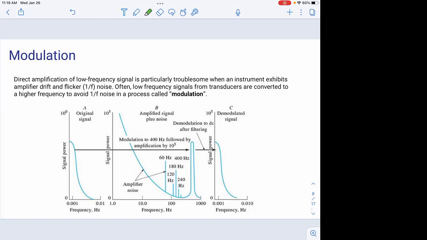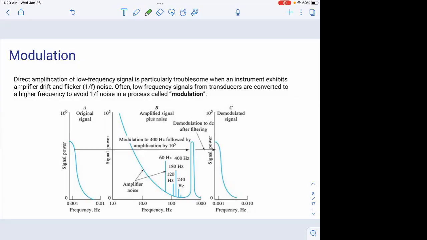It's there, and we know how to deal with it in most analytical measurements. The low frequency stuff is the stuff that's hard to deal with, and so one way that we can deal with it is through modulation. Okay, so let's talk about what it is.